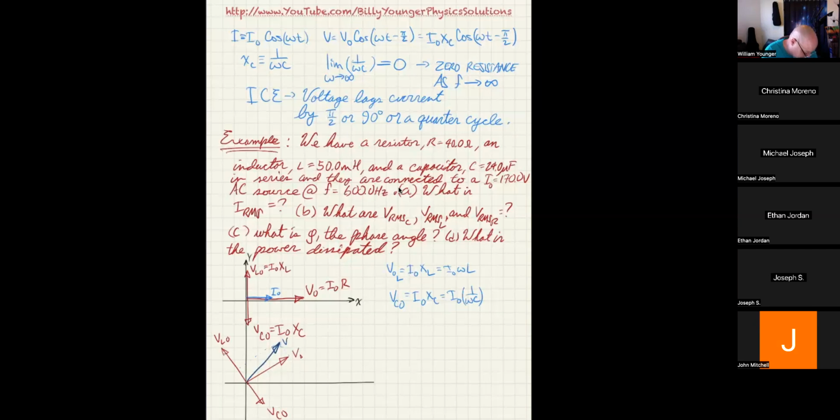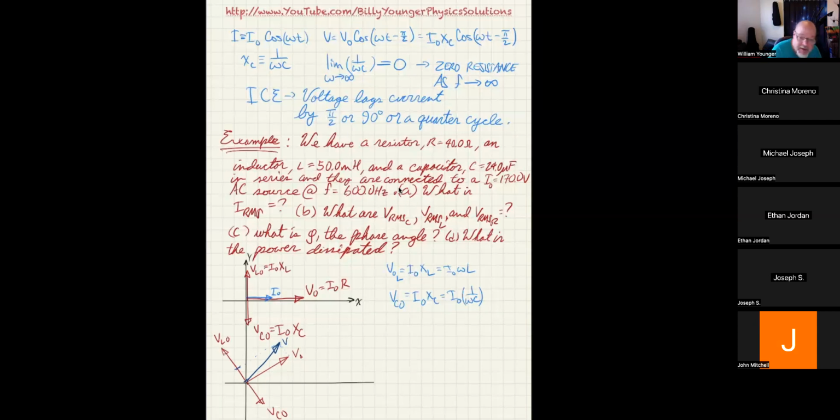V comes from adding, or rather subtracting, VL0 and VC0, and therefore the difference is this little itty bitty quantity right here. And obviously if VL0 is larger, that's going to pull it ahead. If VC0 is larger, it's going to pull it back.